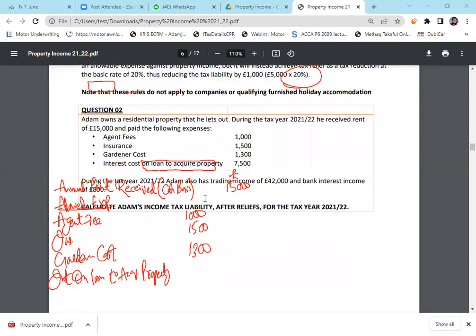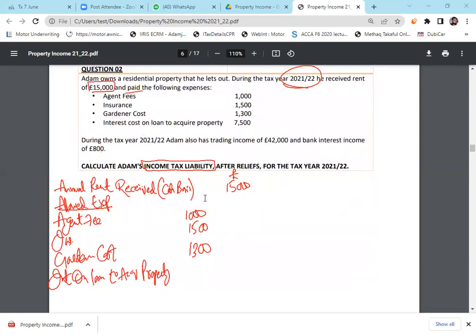This is an exclusion of the normal rule that revenue expenses are allowed. Interest on loan to acquire property will never be allowed, and you must write 0 here. Writing a 0 will give you the mark. Otherwise, you are going to lose this mark. You will write 0 or you must write a note. Better to write 0 instead of writing a note, because writing a note will take some time.